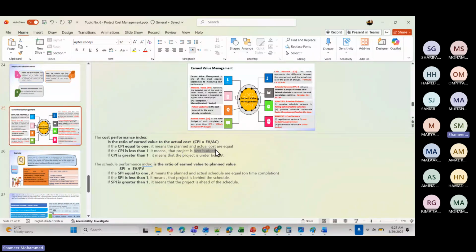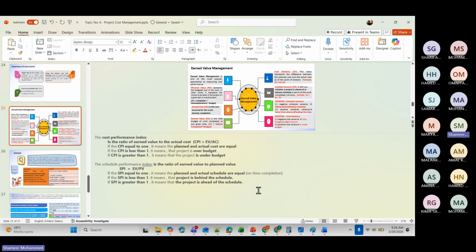Over budget here, under budget here, and equal here. Both are equal, planned and actual cost. Here also equal. Project is behind the schedule, and the project is ahead of the schedule.